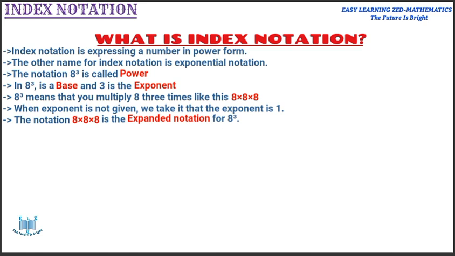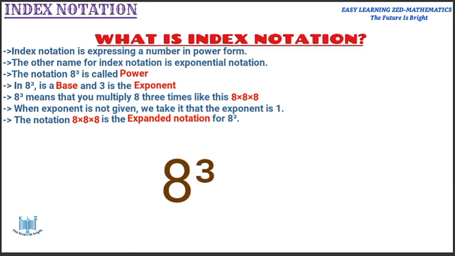In other words, when the number is written in power form, it tells us that you multiply the base by itself the number of times given by the exponent. So the exponent tells us how many times we are going to multiply the base by itself.